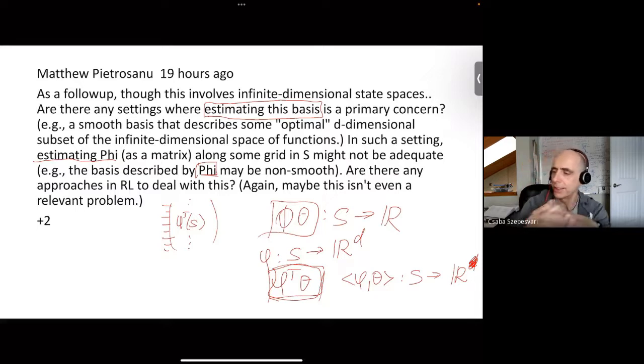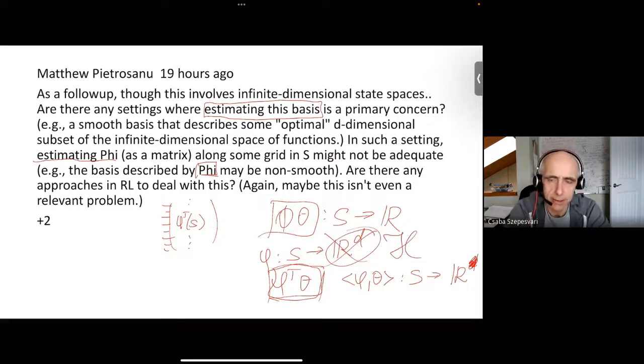And at one point I said that you want to ask me about whether D has to be finite, because you could also replace this with a Hilbert space. You can do everything that we are doing with Hilbert space valued feature maps, because all that we need to calculate ever with these features are inner products between features and parameter vectors, which also live in the same Hilbert space.